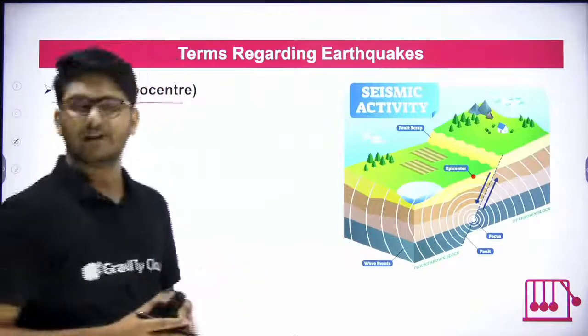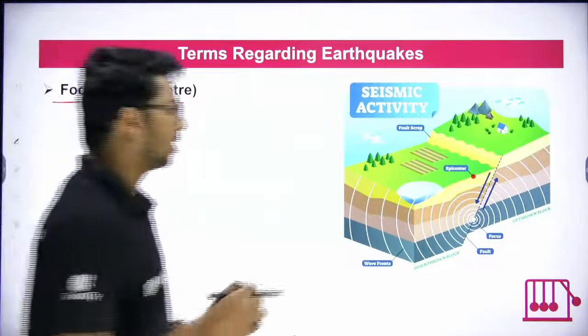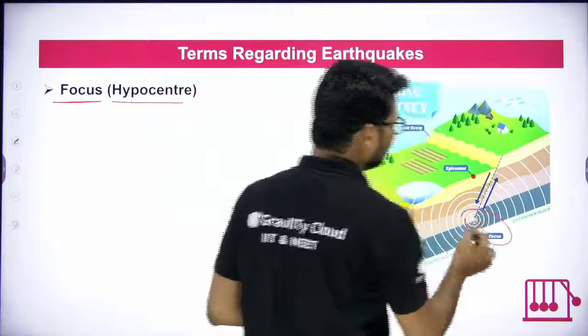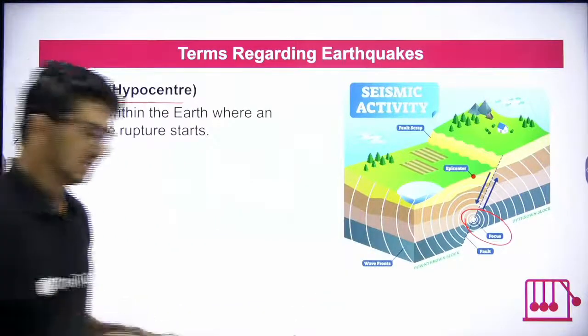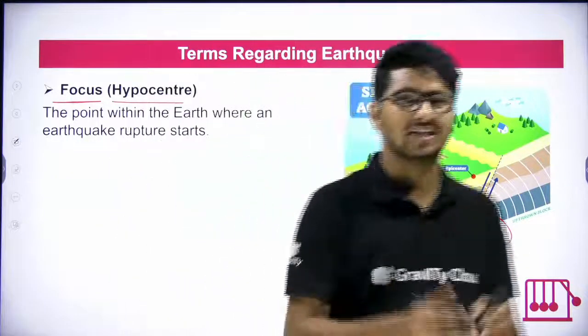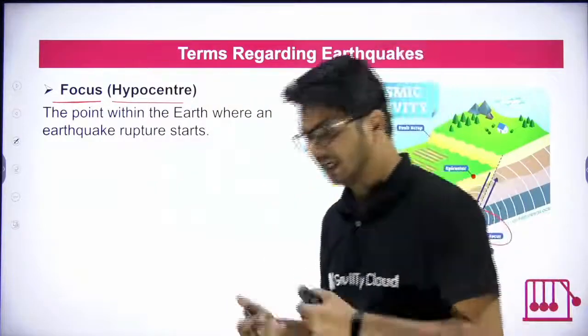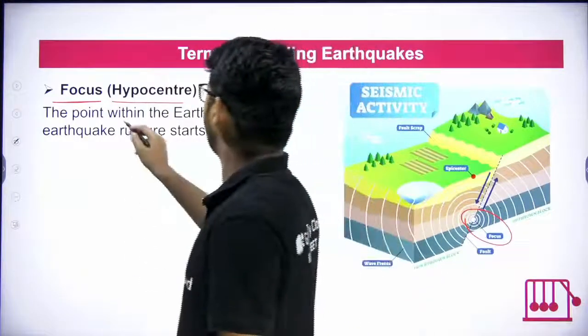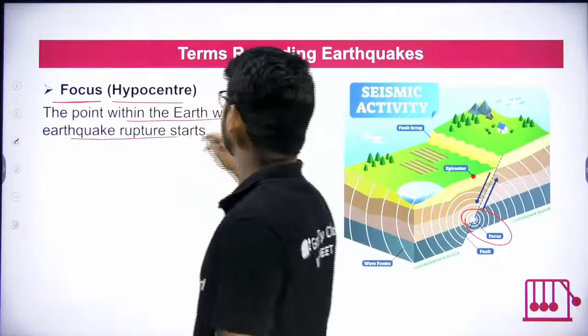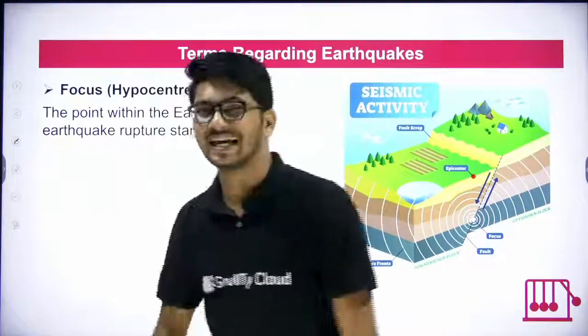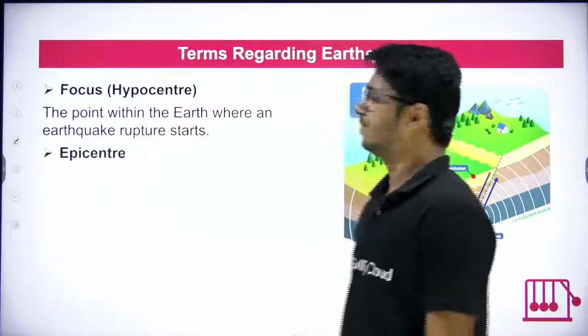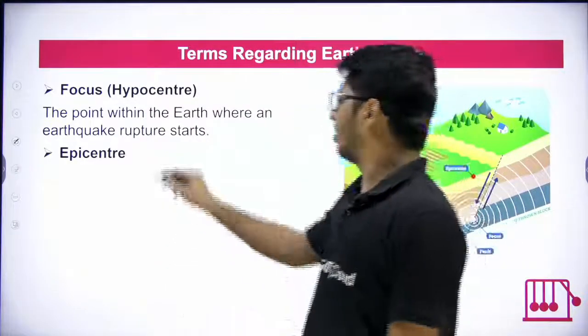Focus is the frequent name. Focus is the point where the earthquake originates, where the two crusts actually collide, where the disturbance occurs. So the point within the earth where an earthquake rupture starts, that is focus.